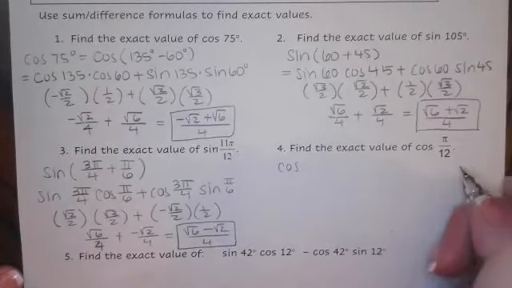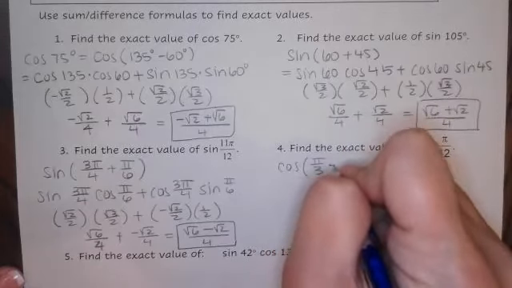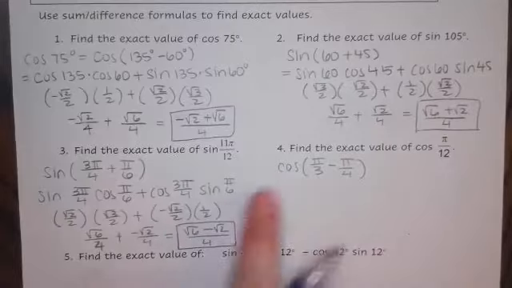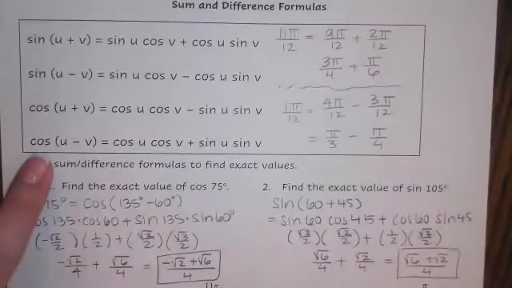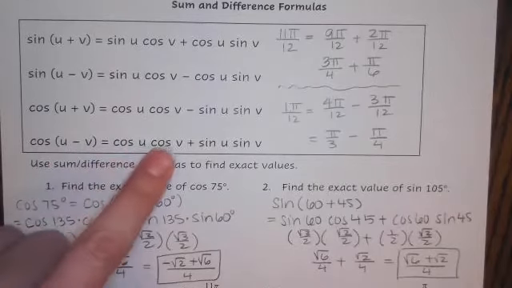All right, same thing with this one. We had done that up there, so we know that cosine is going to be the pi over 3 minus pi over 4. Since this is cosine, I'm going to set up this one. It was minus, so I'm going to go with this right here. So I do cosine of each plus sine of each.